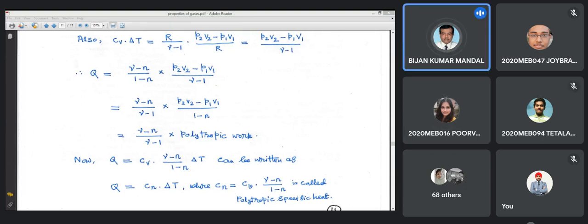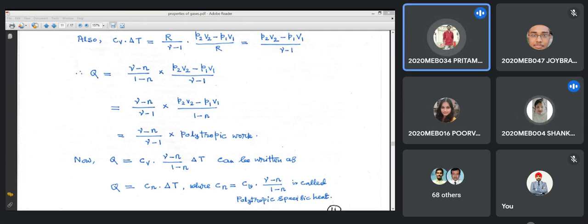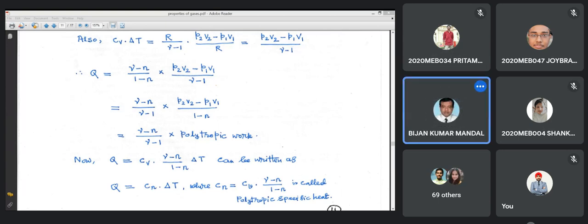Then what is the conclusion in an adiabatic process? In an adiabatic process, it takes zero amount of heat to raise its temperature by 1 degree Celsius. The specific heat capacity is 0 in an adiabatic process, right? Yes, sir. Now, what does it mean?